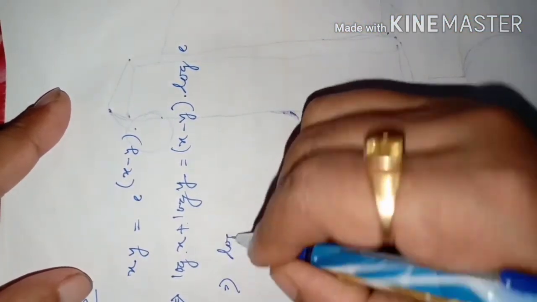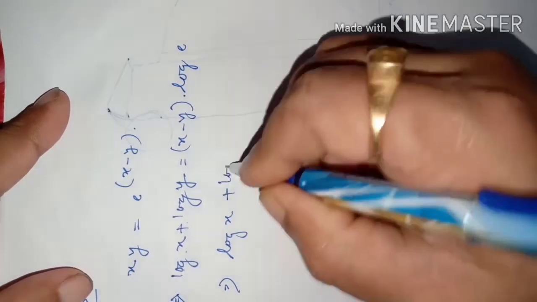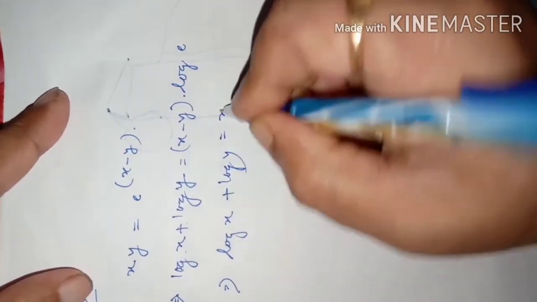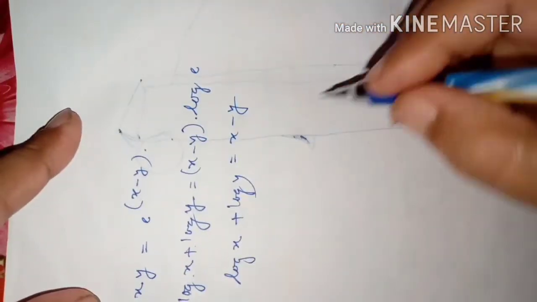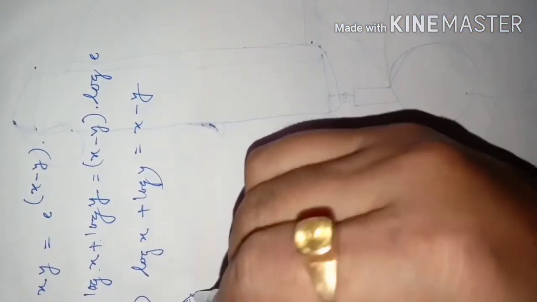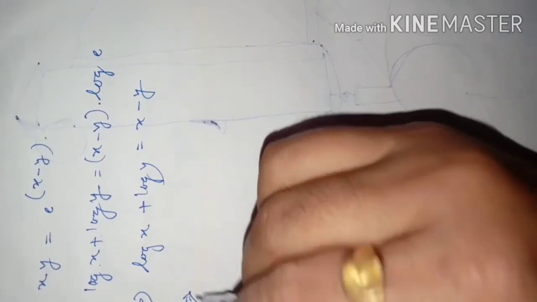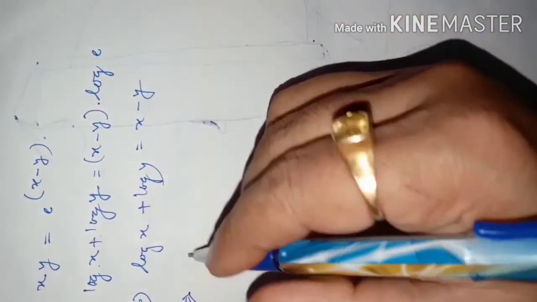So you will get log of x plus log of y is equal to x minus y, because log of e is 1.